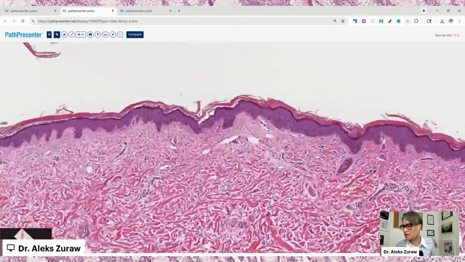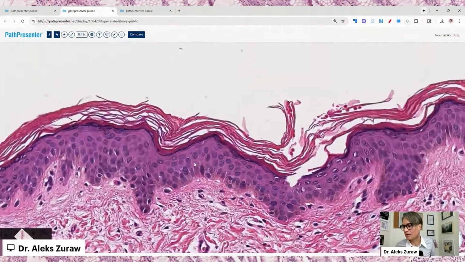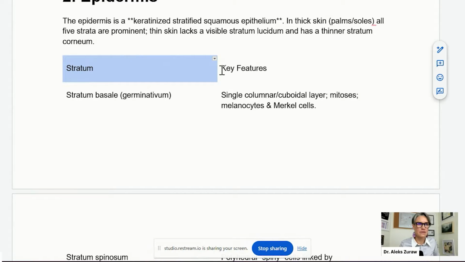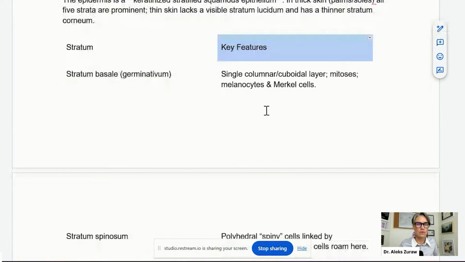So looking at the epidermis, we also have different layers, and they are called stratums. Here we're going to be talking about the layers of this epidermis. They are called stratums, and here are their key features.